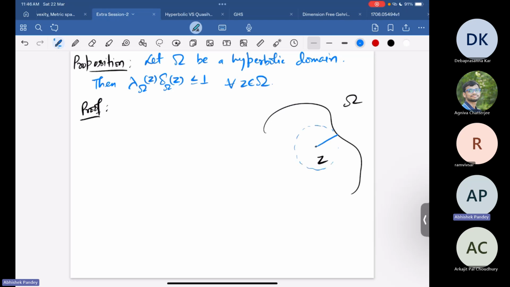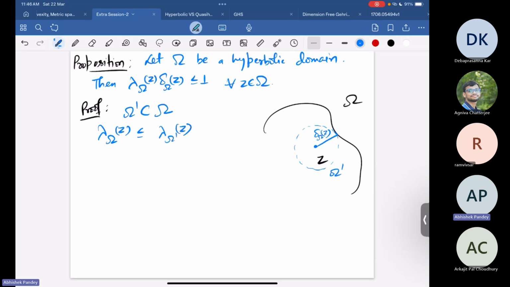This ball will always be contained in omega, and let us call this domain omega dash. So omega dash is always contained in omega, and by the comparison principle we have lambda omega z is less than or equal to lambda omega dash z.